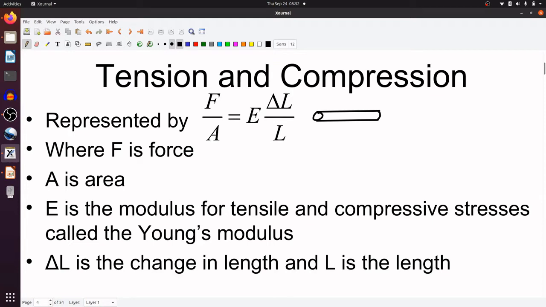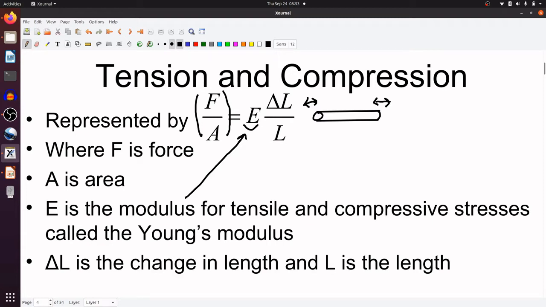Basically, you could push or pull, let's say, a rod in the direction of the length. That is tensile stress. And the formula is force over area, otherwise known as pressure, is equal to E. This is called your modulus. This E value, you can get a bunch of these in the book, and I'll give them to you for these problems.